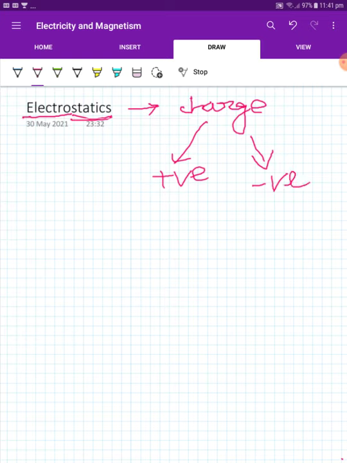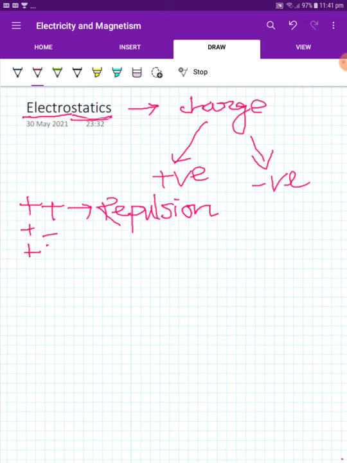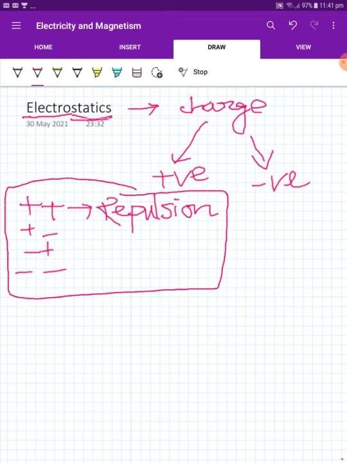Now we know from our previous knowledge that positive-positive means repulsion, positive-negative means attraction, and negative-positive means attraction, but negative-negative means repulsion. That is, repulsion will act between them. Now what is the kind of force?